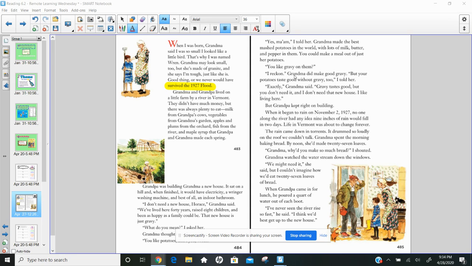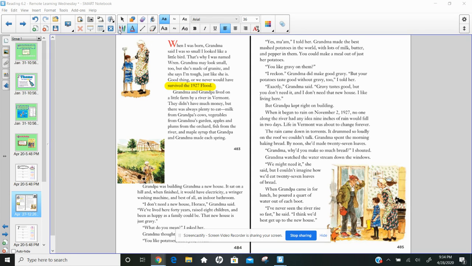I reckon Grandma did make good gravy. But your potatoes taste good without gravy, too, I told her. Exactly, Grandma said. Gravy tastes good, but you don't need it, and I don't need that new house. I like living here. But Grandpa kept right on building. When it began to rain on November 2nd, 1927, no one along the river had any idea 9 inches of rain would fall in 2 days. Life in Vermont was about to change forever.